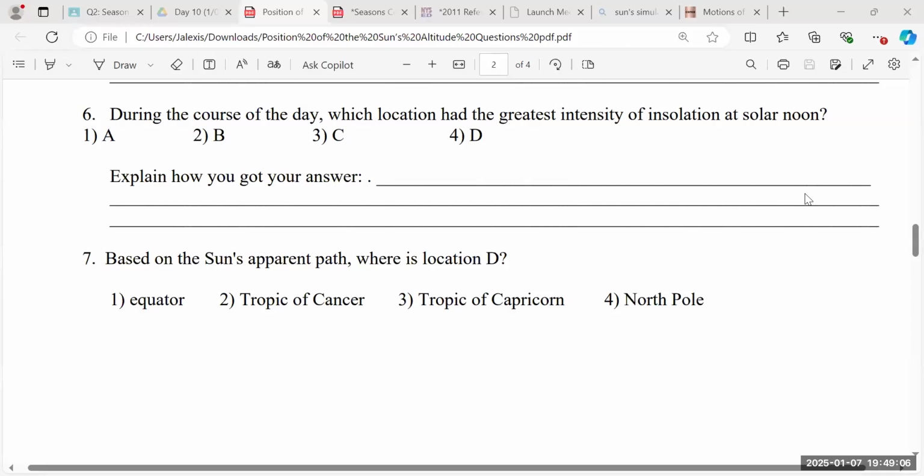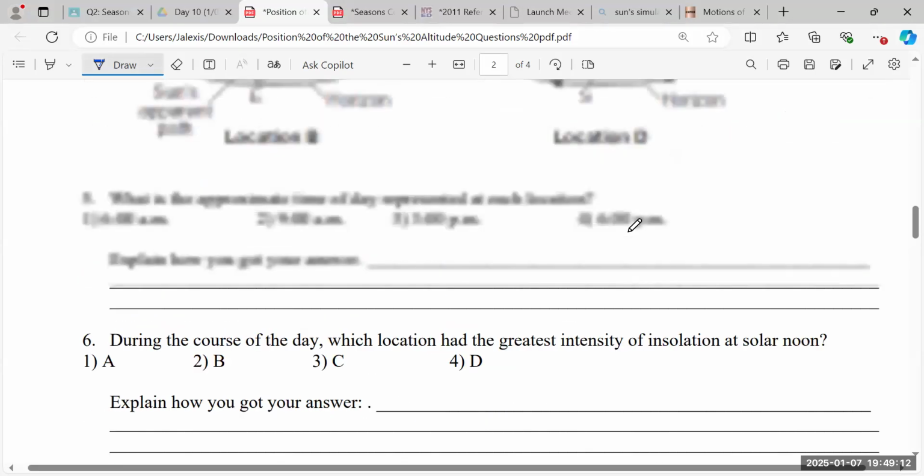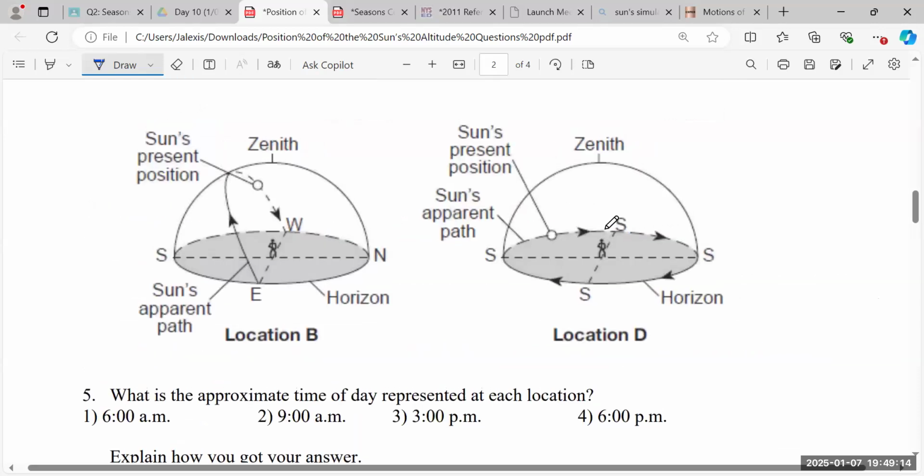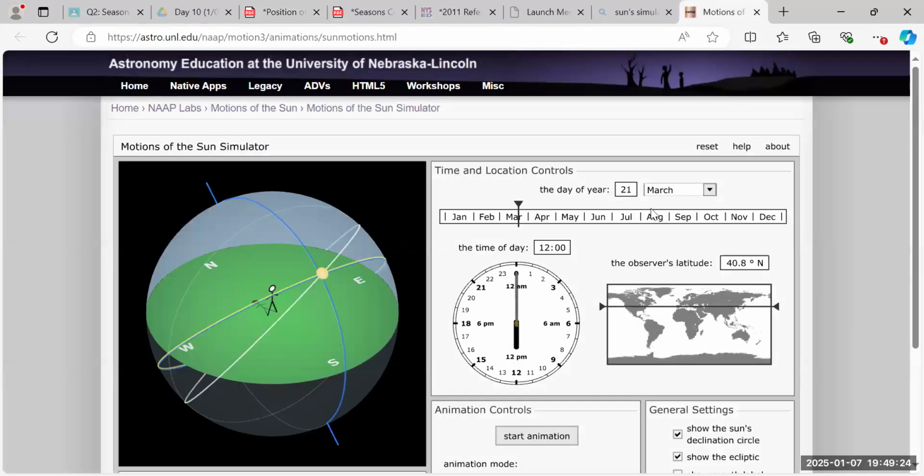All right, number 7. Based on the sun's apparent path, where is location D? Well, interesting enough, we saw that all sides show the south compass direction. When we did a lab, we actually saw a latitude that represented the same way.